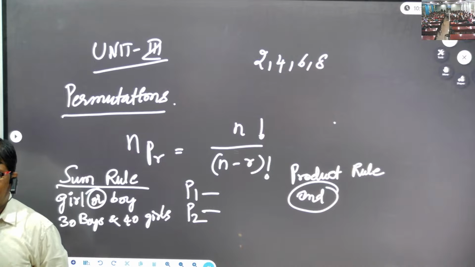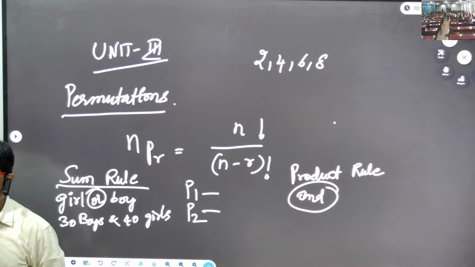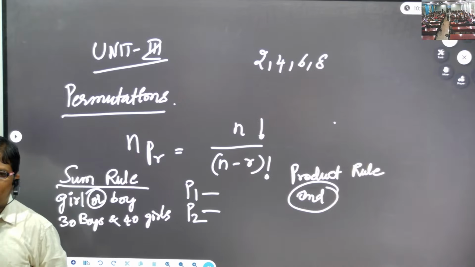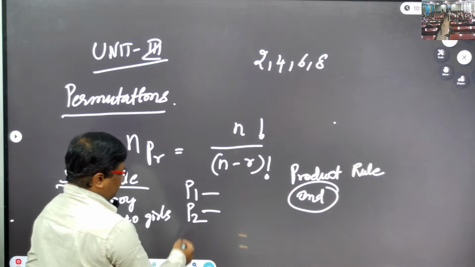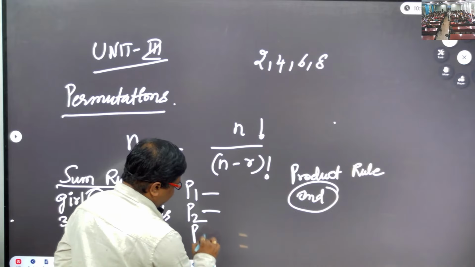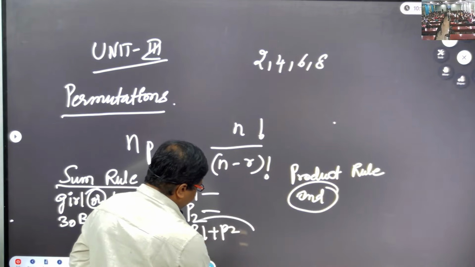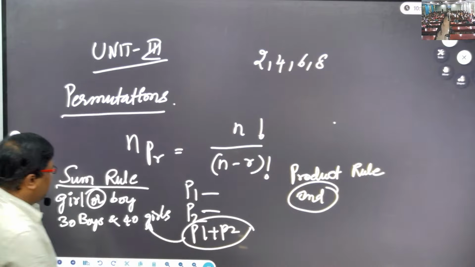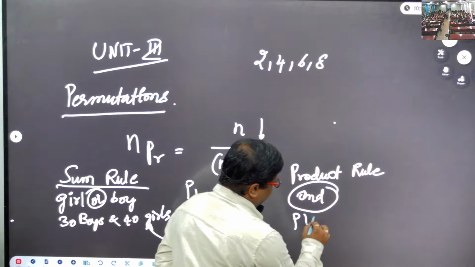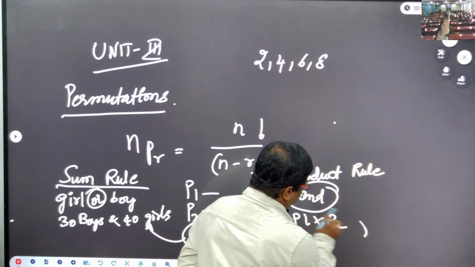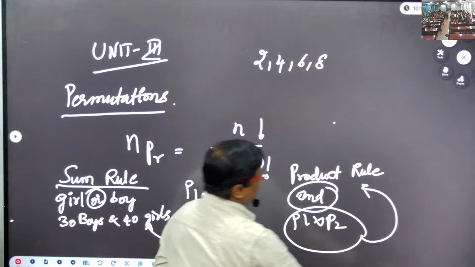OR case. So when you are going for OR case, are we going to go for multiplication or addition? Addition. Very good. So if you want to execute P1 or P2, P1 plus P2 will be giving the result by sum rule, and P1 into P2 is going to give me the output for product.